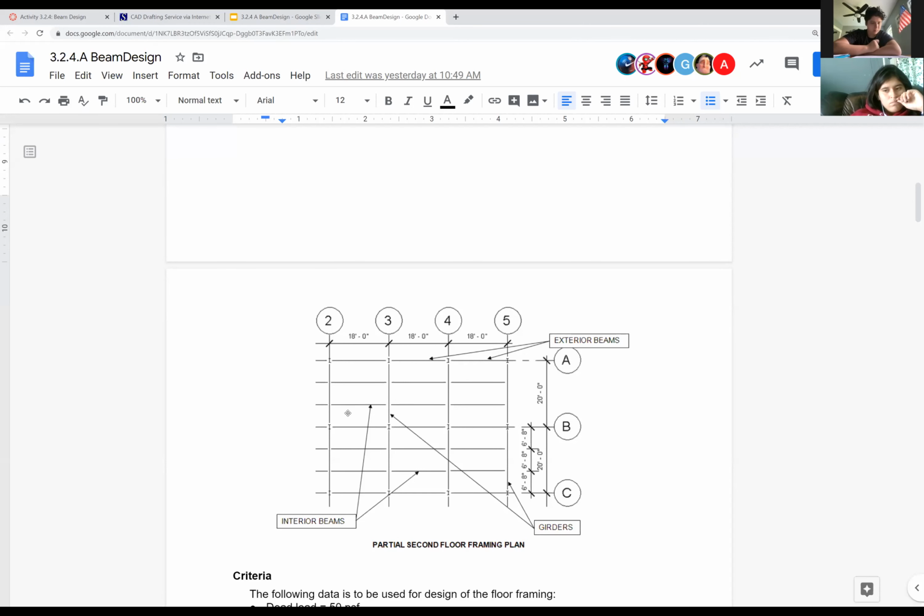Thank you for responding, Emma. It's half of this, but it's also half of this. This tributary width is this. For the exterior beam, it's responsible for carrying this. So what would be the tributary width of an interior beam?